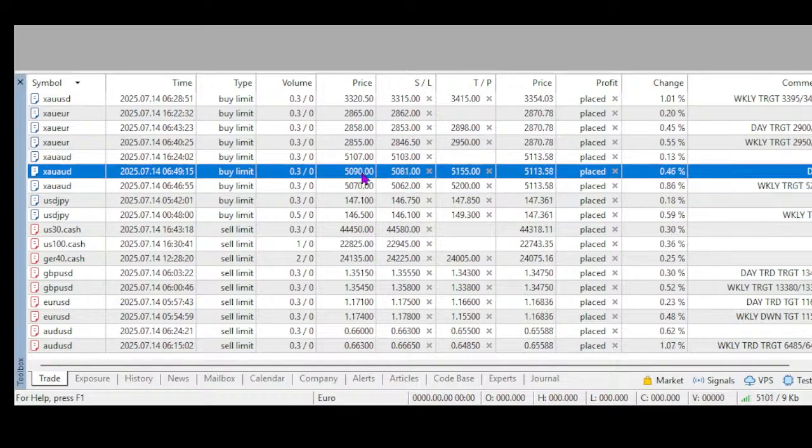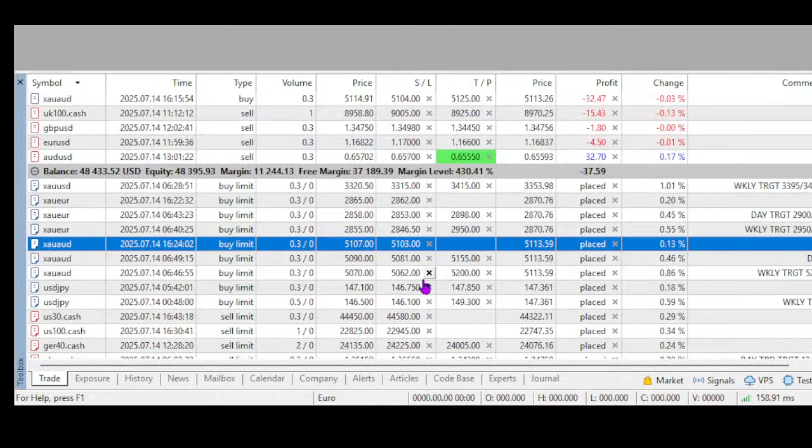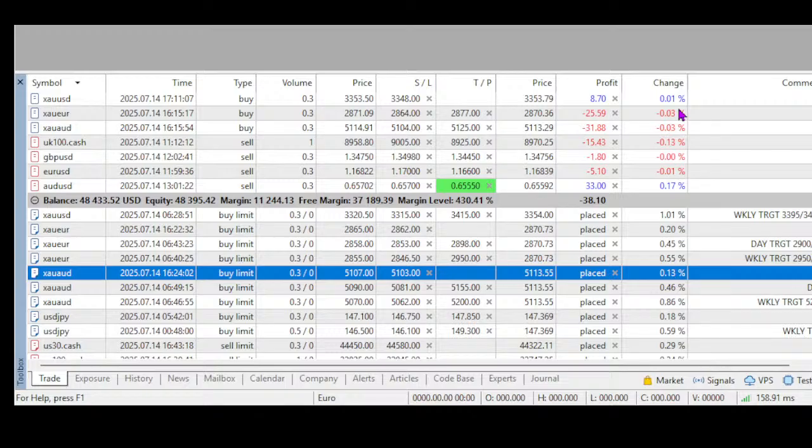Daily gold Aussie buy, let it work. This is where we may need to cancel this, depending on the outcome of this trade, which is 51.25.